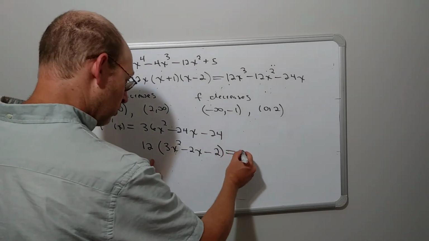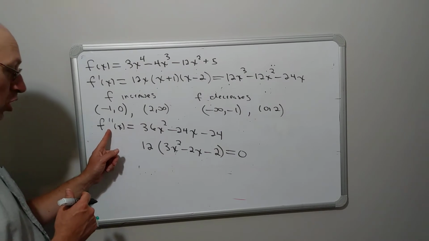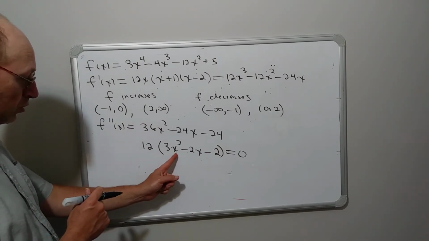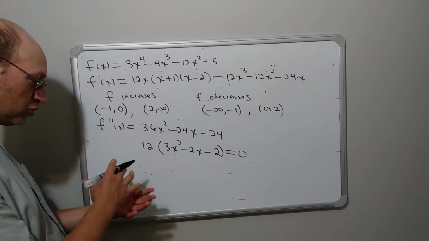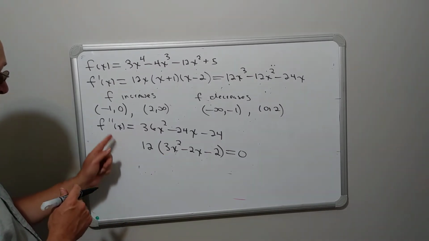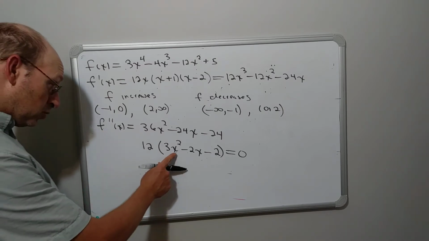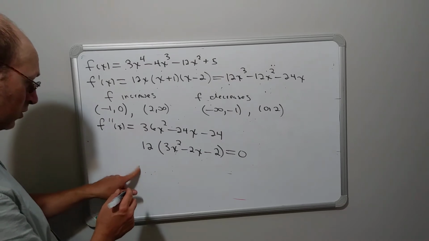We're looking for when the second derivative changes sign. So it changes sign when the second derivative is 0. So we find the zeros of the second derivative, and that will allow us to find when the second derivative changes sign. So solving for x, we'd use the quadratic formula.